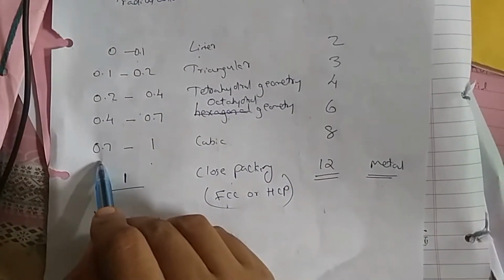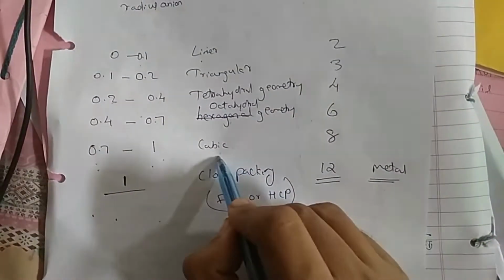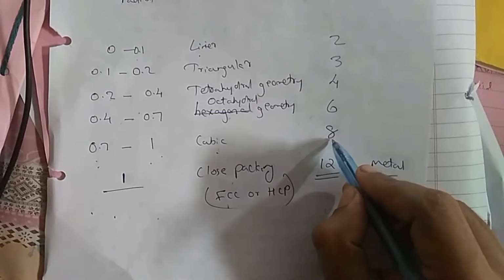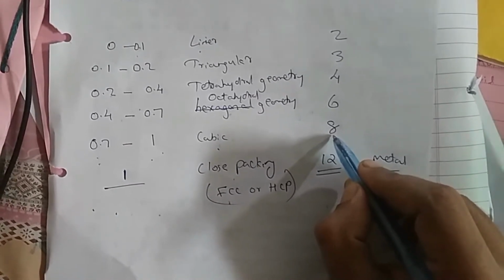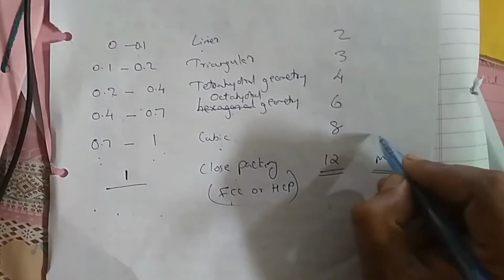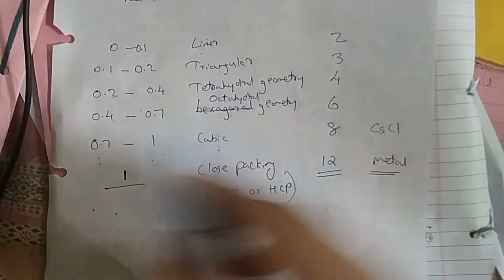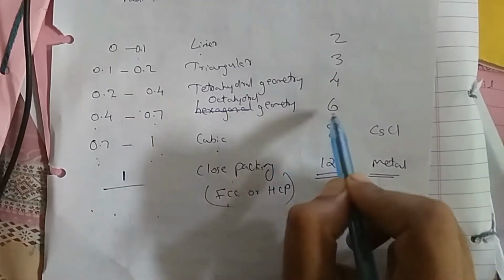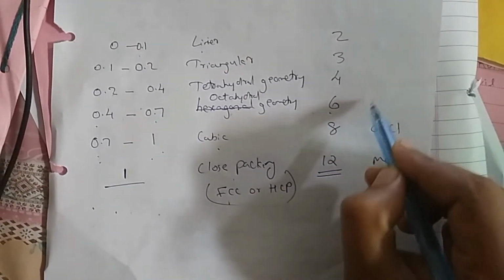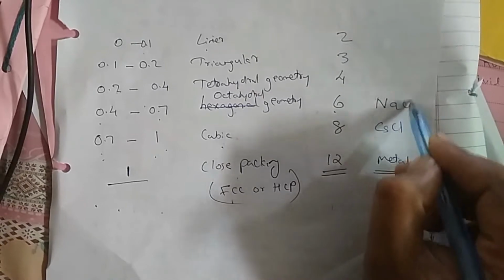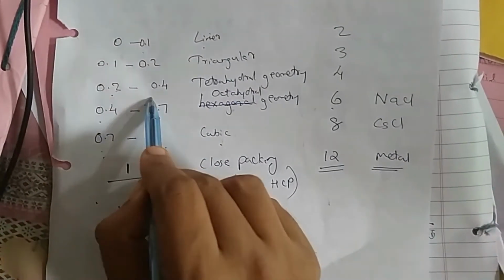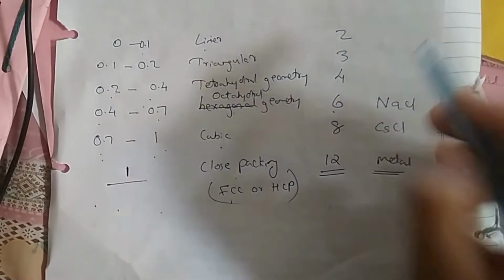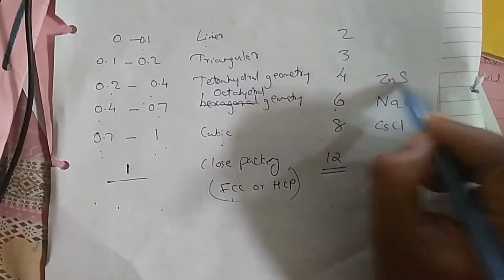If it is 0.7 to 1, the arrangement is cubic, its coordination number is 8, and the example is CsCl, cesium chloride. For 0.4 to 0.7, it is octahedral geometry, coordination number 6, and the example is sodium chloride. For 0.2 to 0.4, it is tetrahedral geometry, coordination number 4, and the example is zinc sulfide.